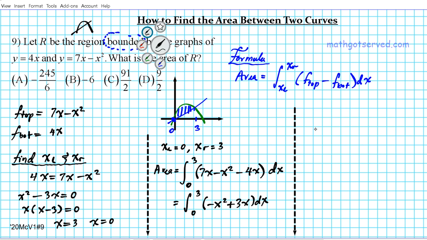So let's find the integral. Using the power rule, it's going to be negative x to the 2 plus 1 over 2 plus 1, plus 3x to the 1 plus 1 over 1 plus 1. We know what the drill is here.